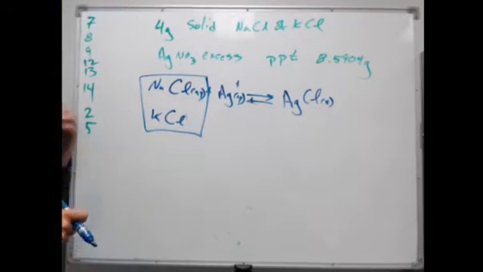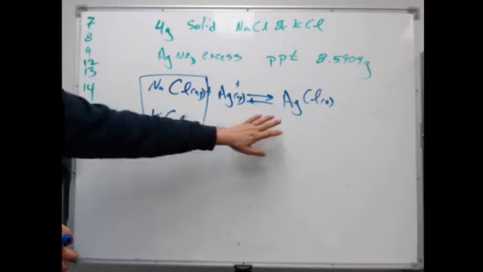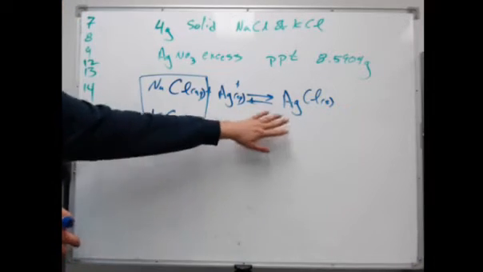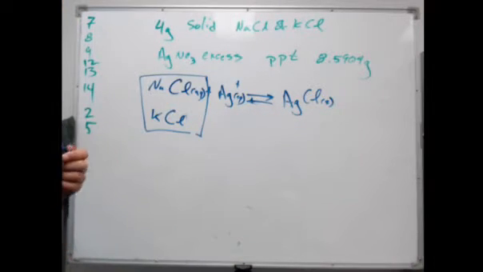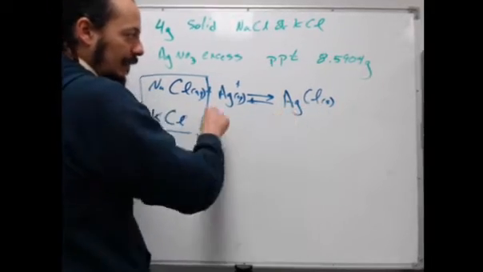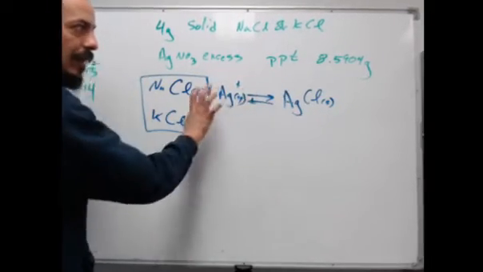So now this means that in this reaction we have some unknown stuff and we have some known stuff. We know how much silver must have reacted because the silver is in excess. And if the silver is in excess, we know how much chlorine must have reacted because there's silver left over, but the chlorine is going to be used up.